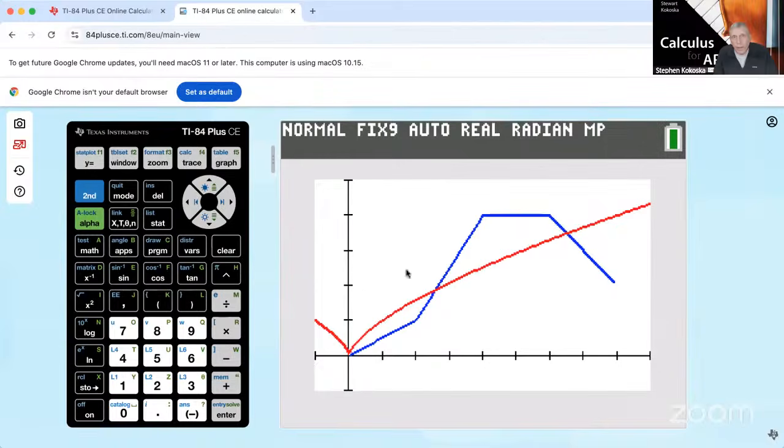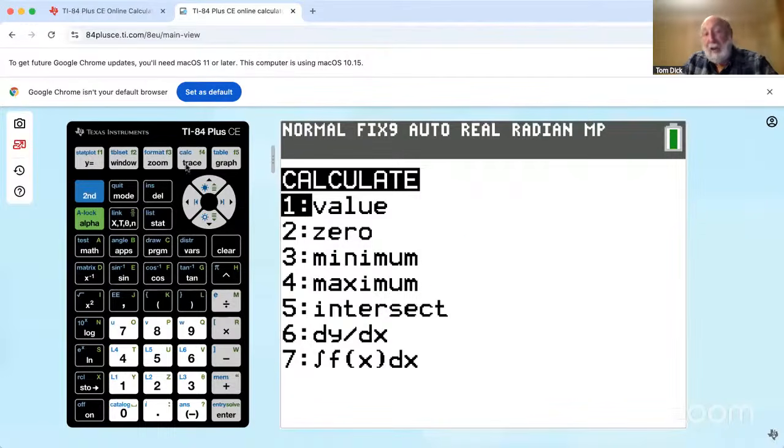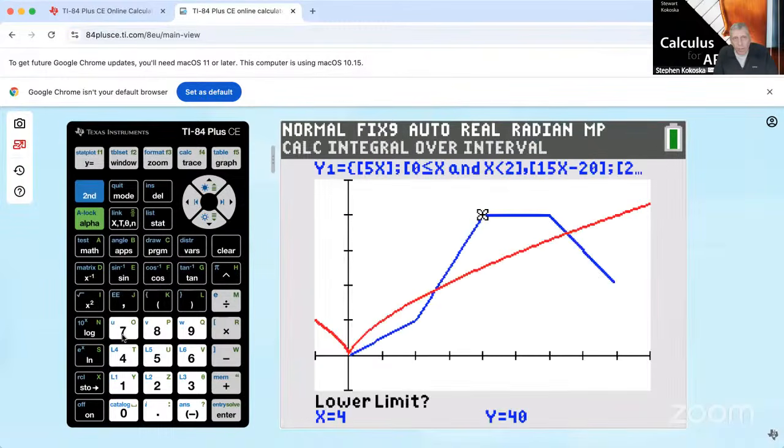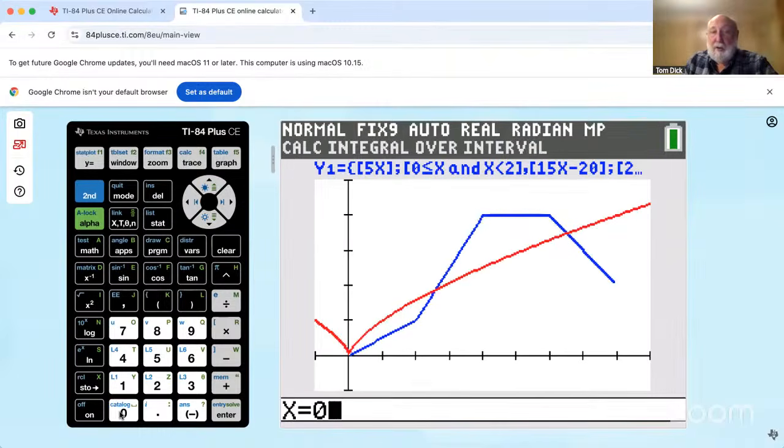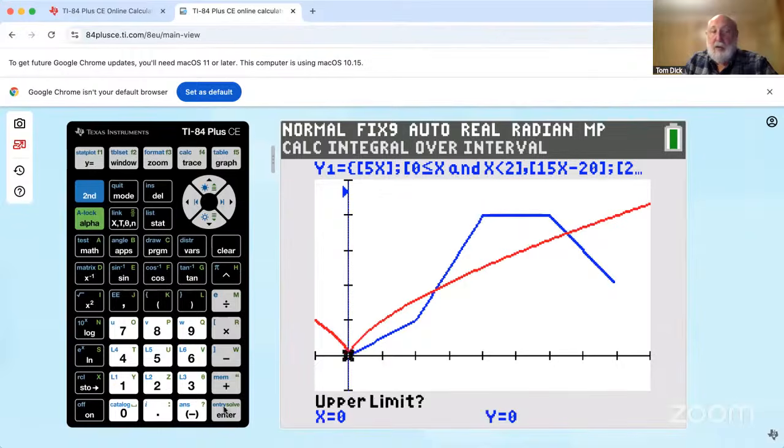So let's see. We can probably calculate an integral right here. So let me pull up number 7. The lower limit, let's do it from 0 to 8.